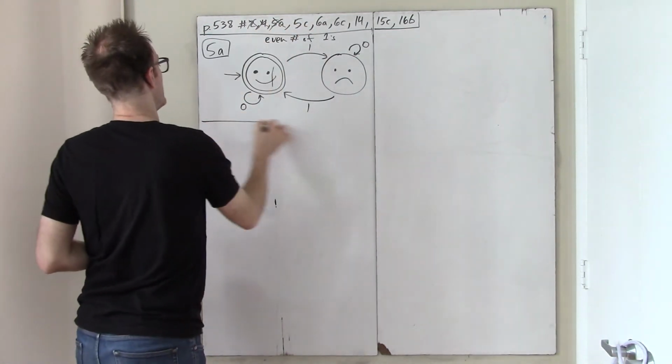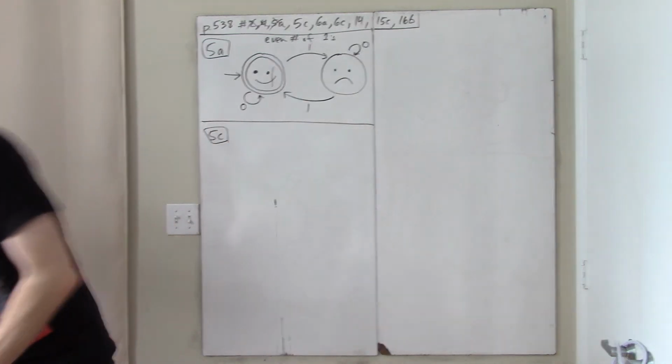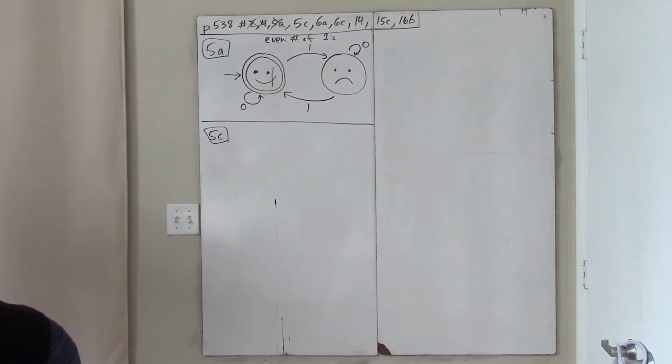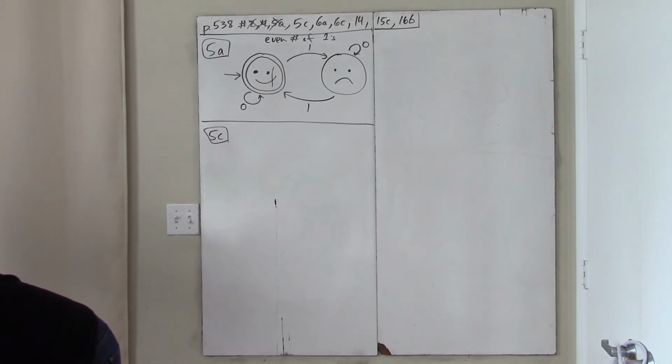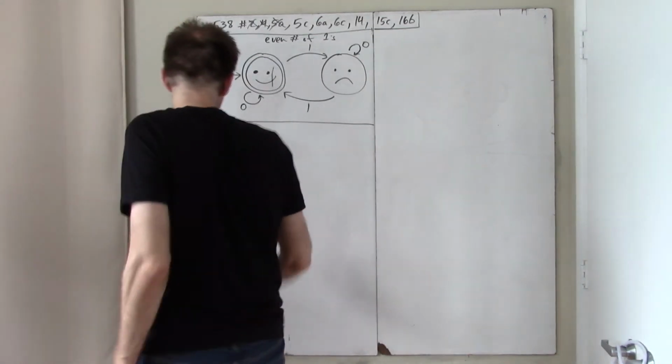Woo! Good. 5C says, create a finite automaton that recognizes any input string that contains at least one 1 and at least one 0.